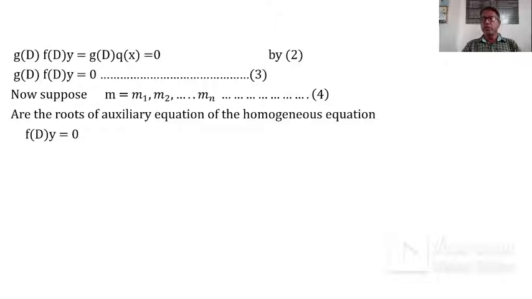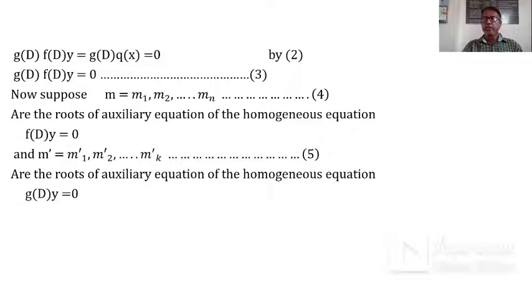Suppose m1, m2, ..., mn are the roots of the auxiliary equation of the homogeneous equation f(D)y = 0, and m1', m2', ..., mk' are the roots of the auxiliary equation of the homogeneous equation g(D)y = 0.